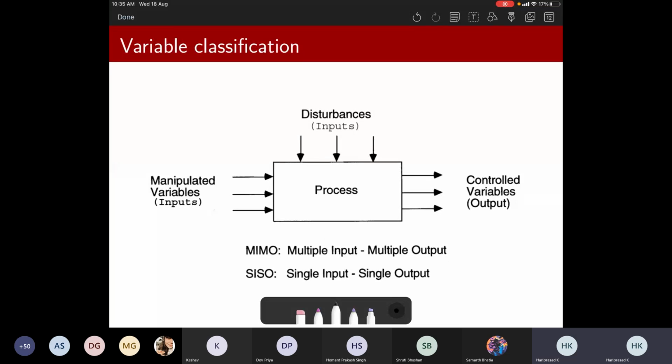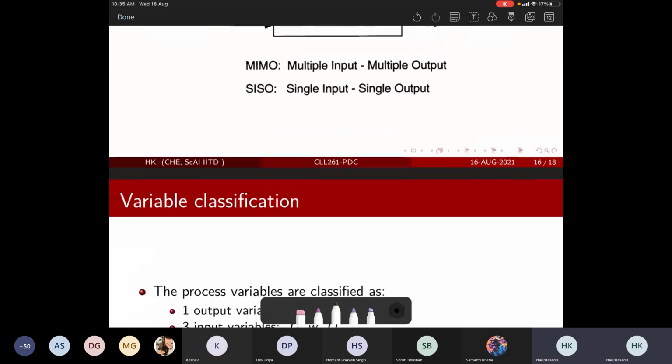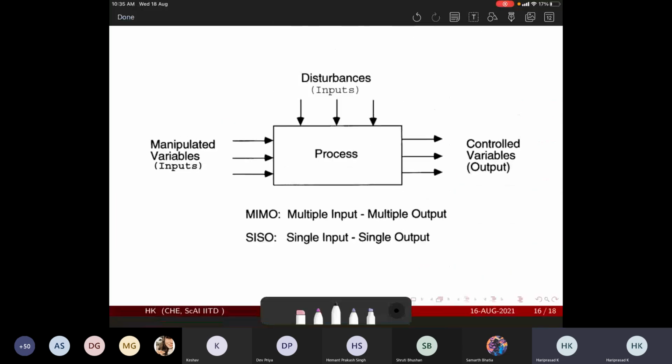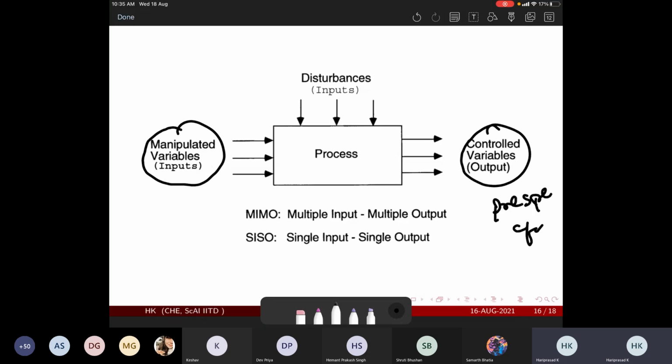Eventually when you classify, you should be able to fix these. Your variables could be manipulated. The control variable is pre-specified, because that is what is given as your objective at the start. The degrees of freedom would translate to manipulated variables, if they are variables you can directly control.